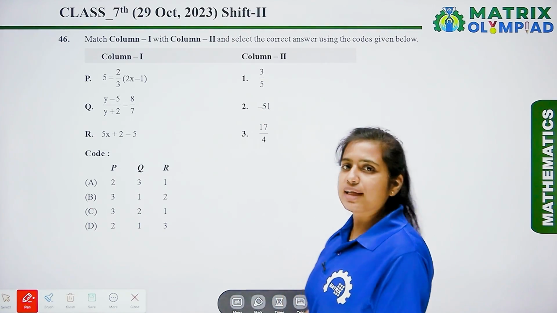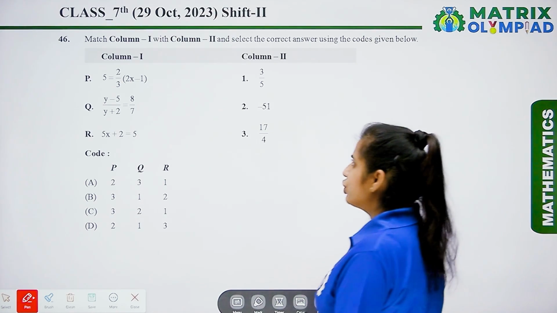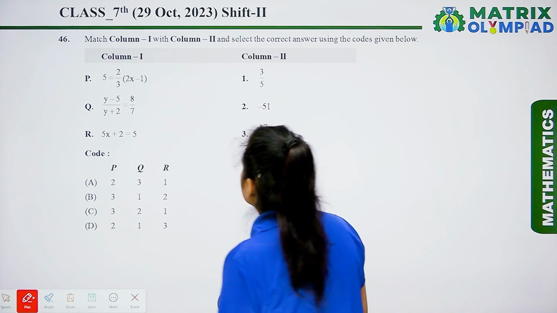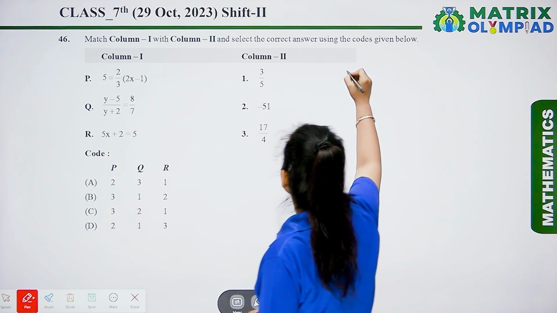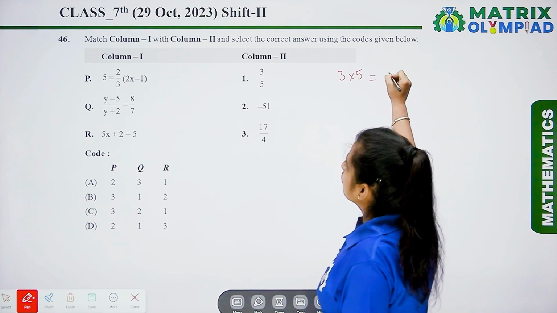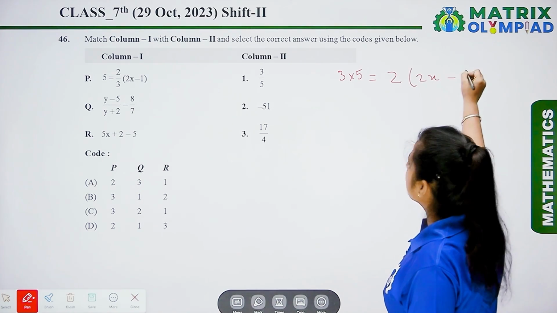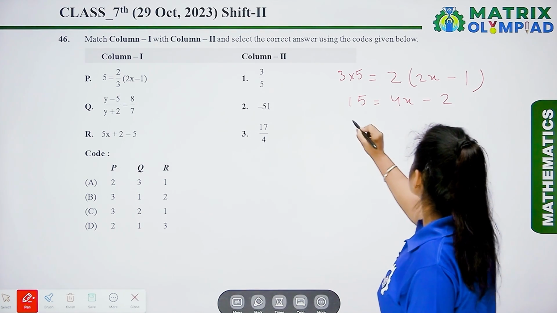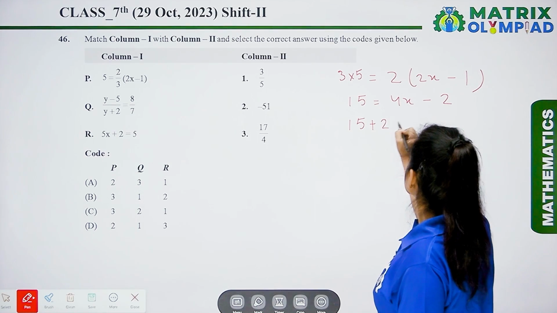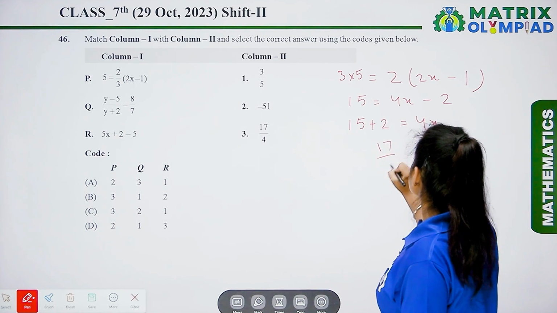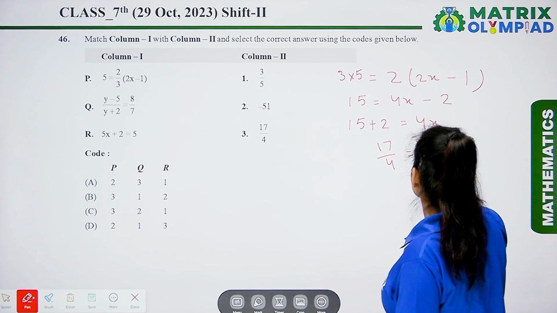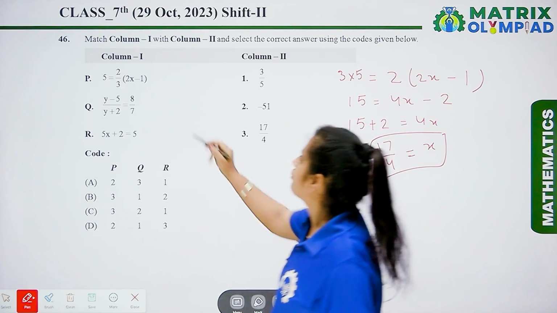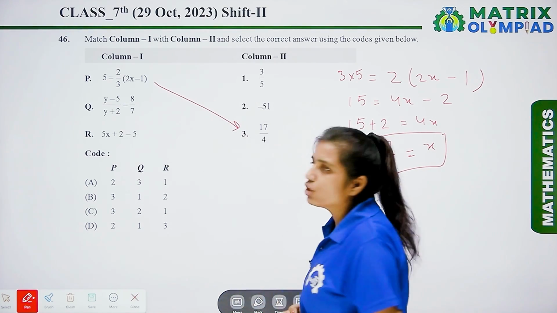Now let's solve the next question, that is question number 46. Here we have to find out the value of the unknown variable. So let's find out. Here the first one is 3 multiplied by 5 is equal to 2x minus 1. So here the value of p is 17/4.